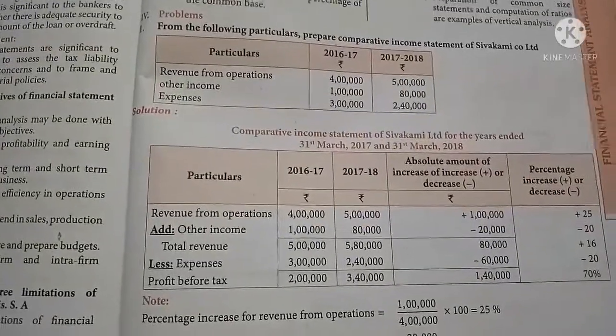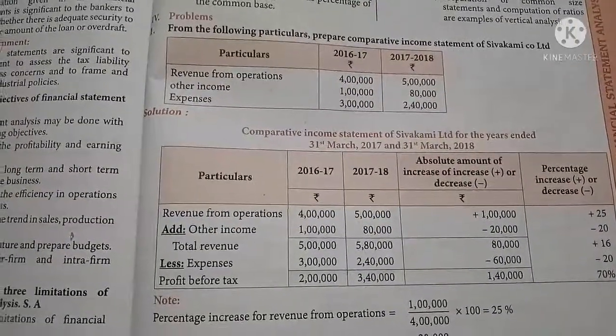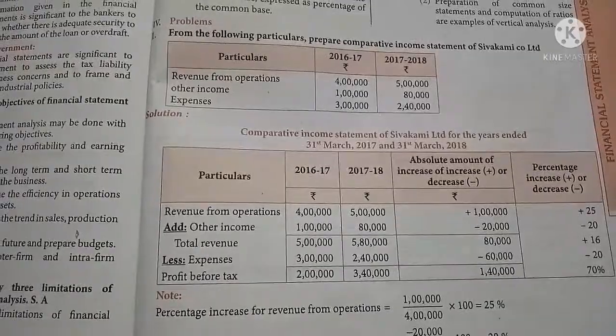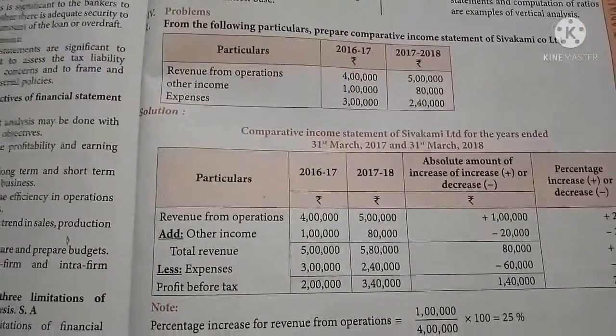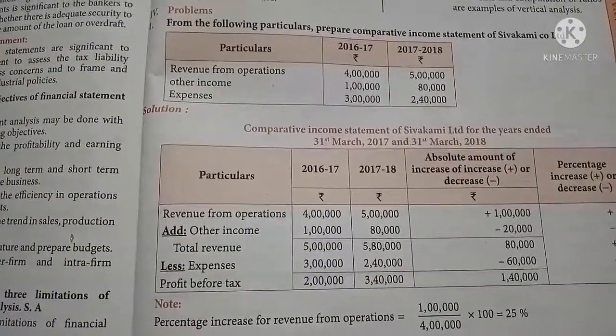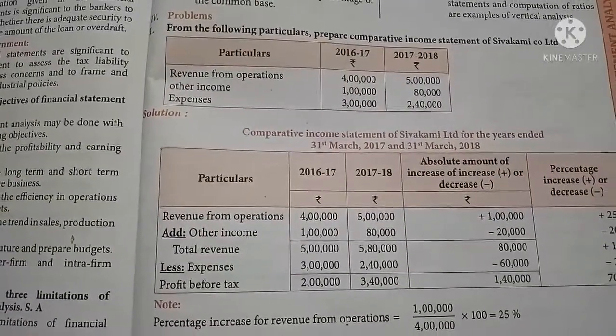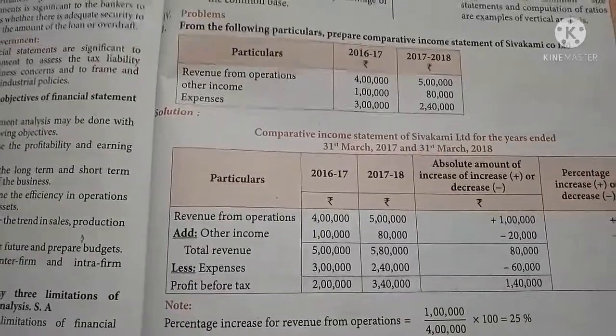Then you subtract the amounts. Total revenue first year is 5 lakh, expense is 3 lakh, so the profit before tax is 2 lakh. Second year revenue is 5 lakh 80,000, expense is 2 lakh 40,000, then the profit is 3 lakh 40,000.